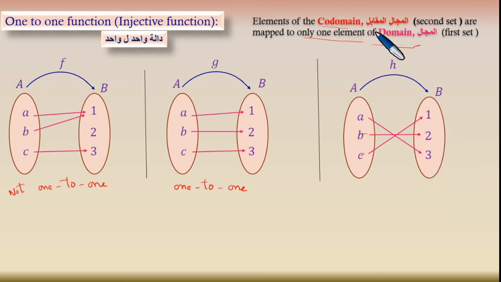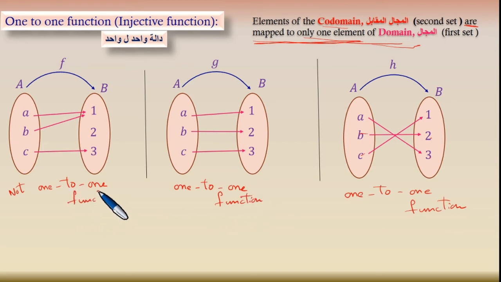So when elements of codomain map to only one element of domain, then it is called one-to-one function. So this is also a one-to-one function. I hope it's clear for you. Okay, this is also a one-to-one function, and this is a one-to-one function, and this is not a one-to-one function.